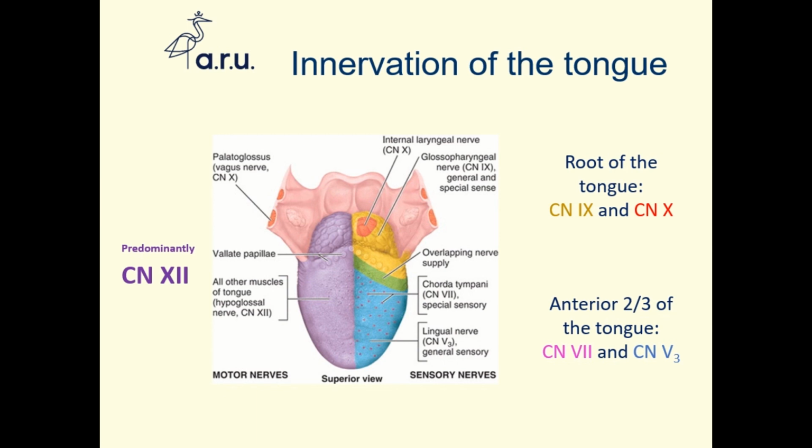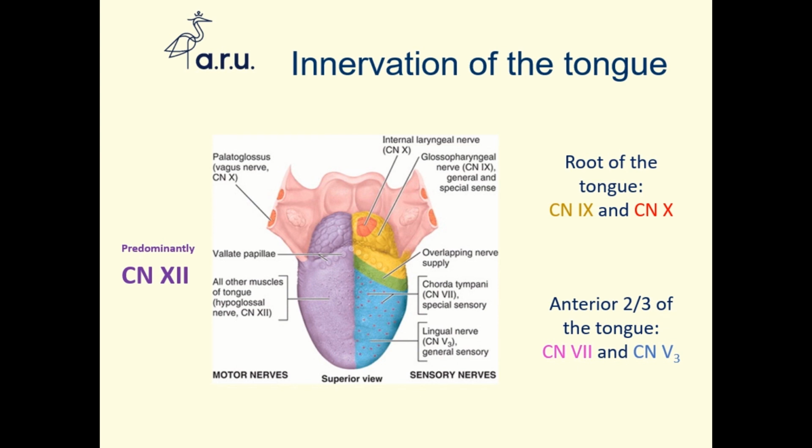Now you might remember from the previous slides in this lecture that we said that there's a V-shaped sulcus, the terminal sulcus, which divides the tongue into two regions. There's an anterior 2/3 of the tongue, and then there's a posterior 1/3 of the tongue. Now the anterior 2/3 of the tongue has its general sensory innervation coming from the mandibular division of the trigeminal nerve.